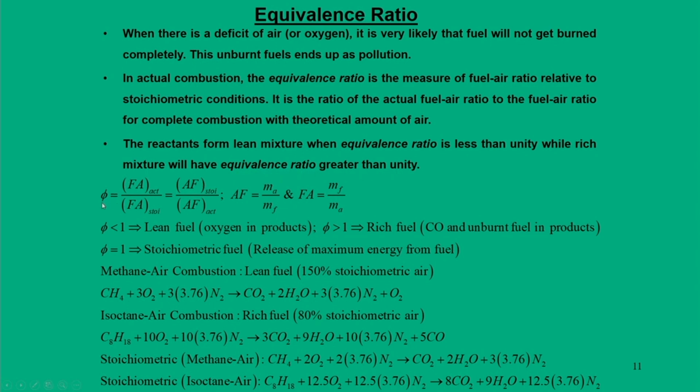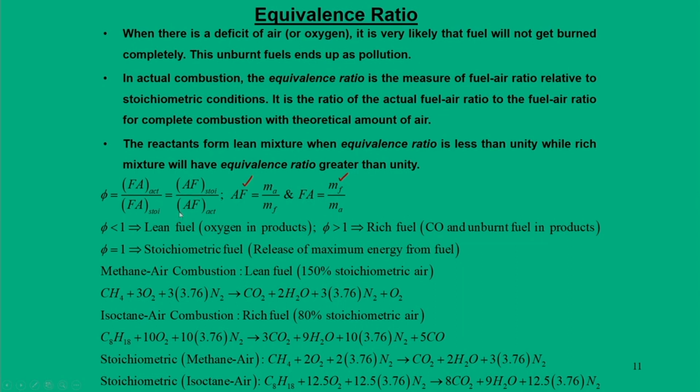The parameter used is phi, the equivalence ratio: fuel air ratio actual divided by fuel air ratio stoichiometric, or in terms of air fuel, air fuel ratio stoichiometric divided by air fuel ratio actual. Air fuel ratio is Ma by Mf, and fuel air ratio is Mf by Ma.